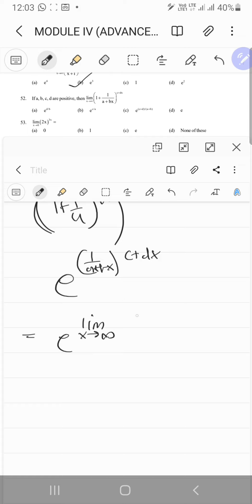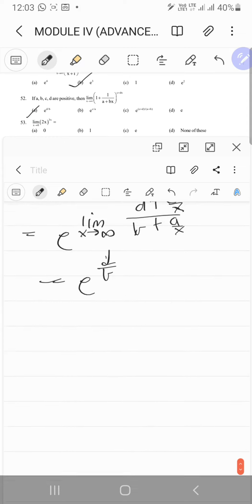So just divide by x. It should be d plus c upon x upon b plus a upon x. So d upon b. That should be the answer. So this thing is just e to the d upon b. Yeah, that's correct.